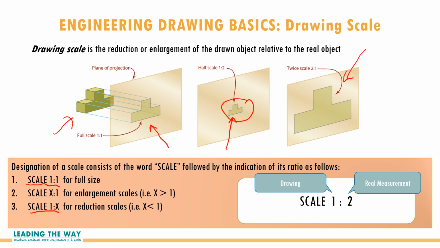So it becomes scale 2:1. So if you go to this drawing in the scale, you can say that the first one represents the drawing, and the second one is representing the real measurement of the product.